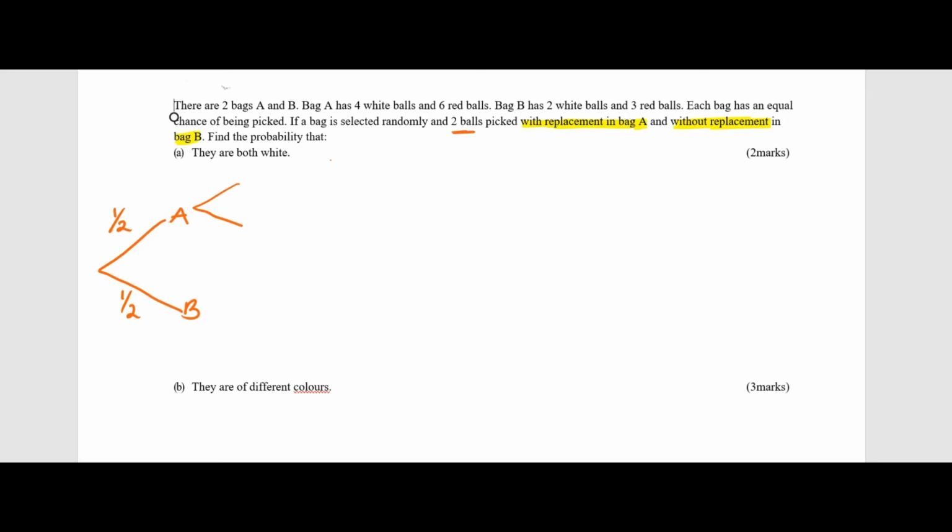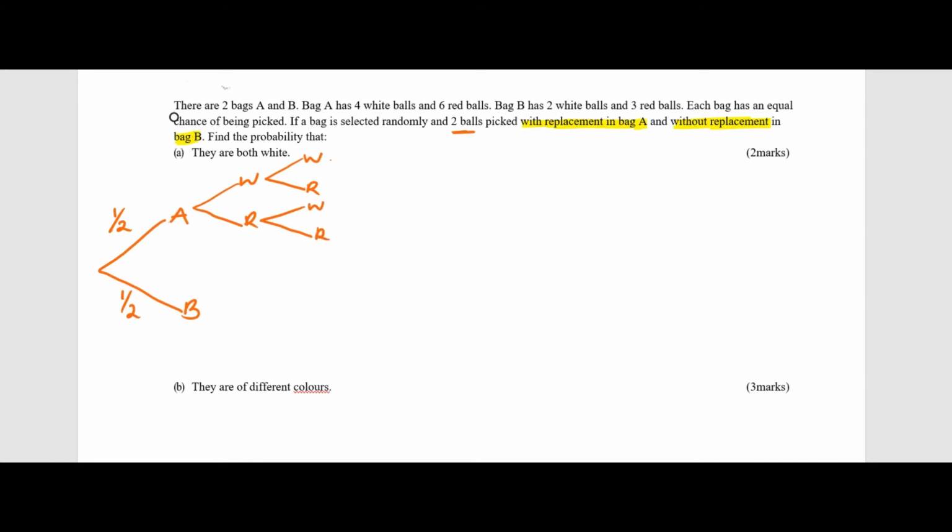So that is the first one. This one has white, red. Then the second, this is 1 ball. The second ball is white, red. Then for this branch, white, red.